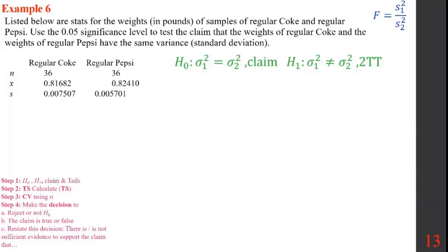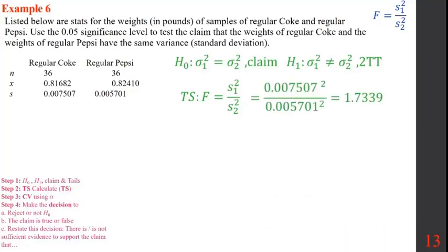Remember, you have to square those two numbers. Why do you have to square? Because what you have is just the standard deviation and not the variance. They must be squared. So with that being the case, we end up with 1.7339. Alpha is 0.05.